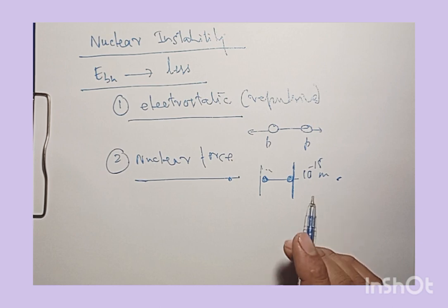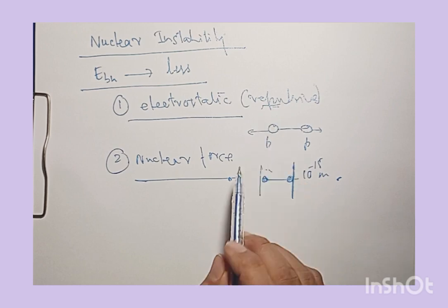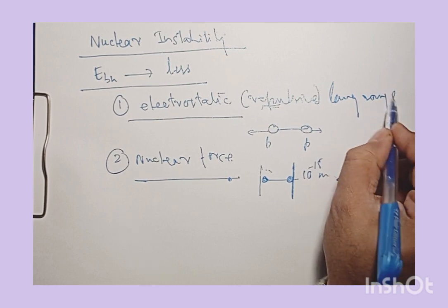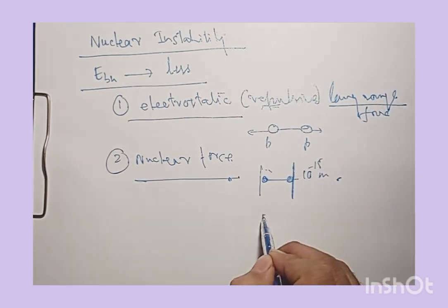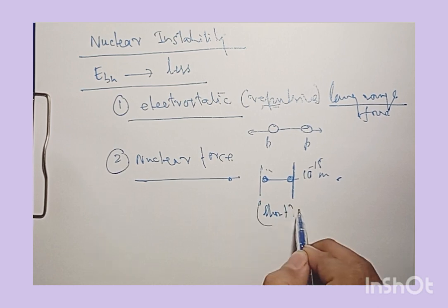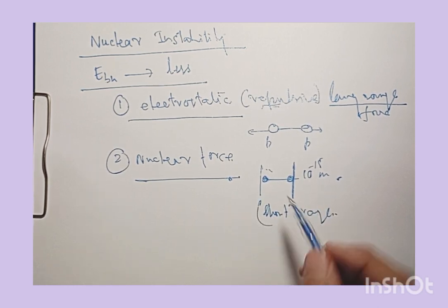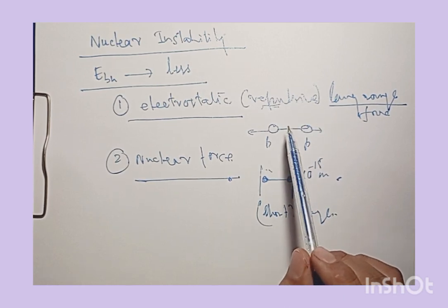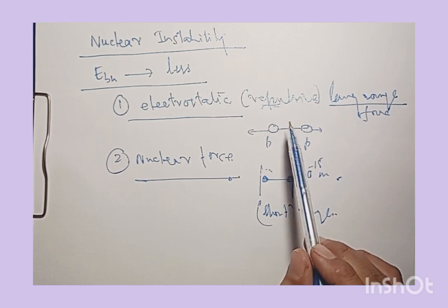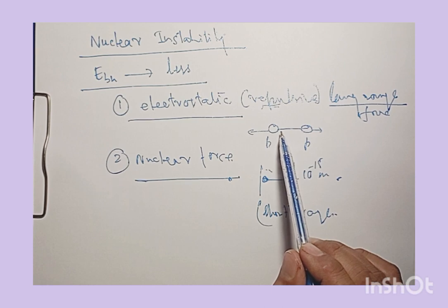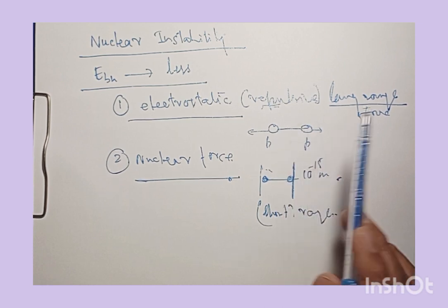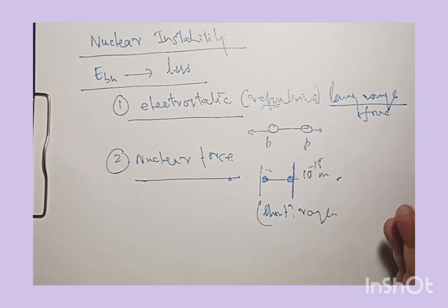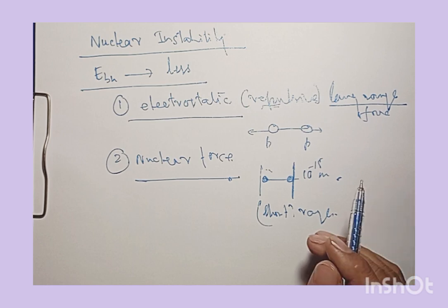At the same time, the electrostatic force is a repulsive force, and it is a long range force, and the nuclear force is a short range force. In small or light nuclei, the nuclear force is large as compared to the electrostatic force of repulsion, so we have a stable nucleus.